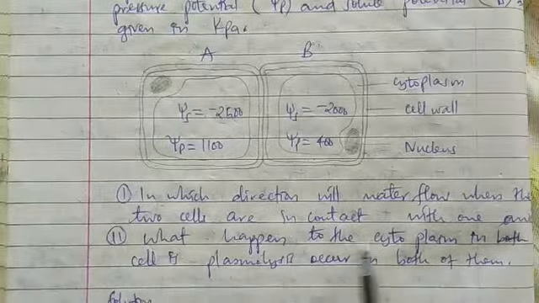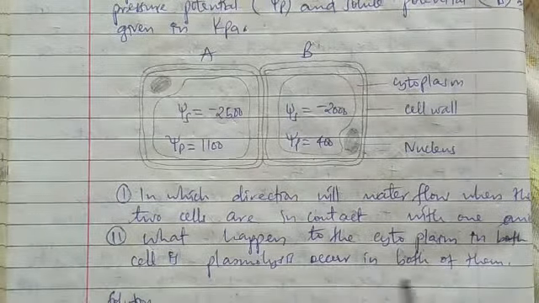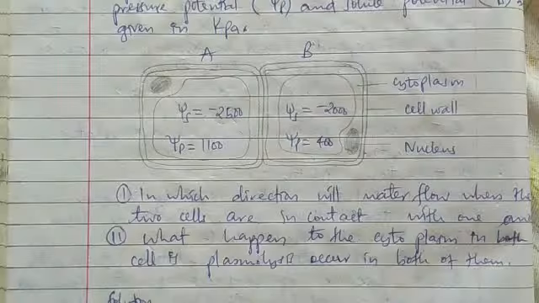Question number 2: what happens to the cytoplasm in both cells if plasmolysis occurs in both of them?